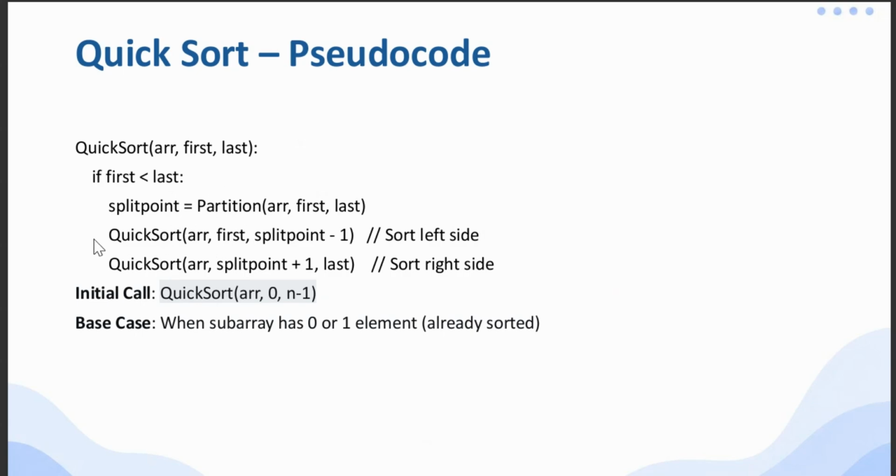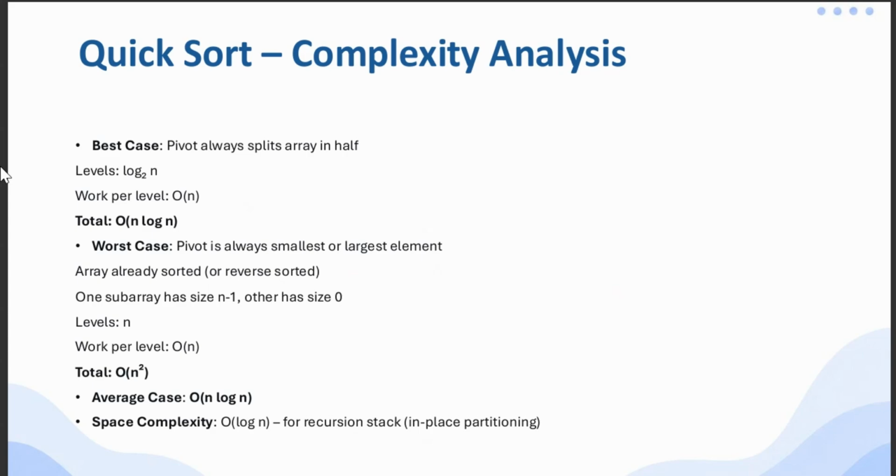Then we sort the left side as well as the right side, right? So the initial call is array, 0 to n minus 1. When the subarray has 0 or 1 element, it means it's already sorted, right? So let's compare quicksort complexity, right?